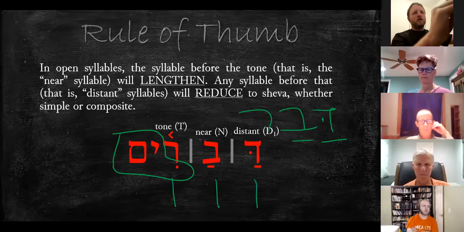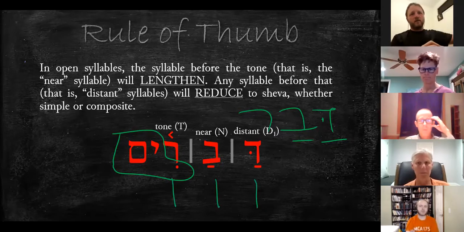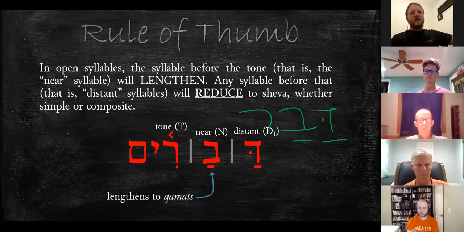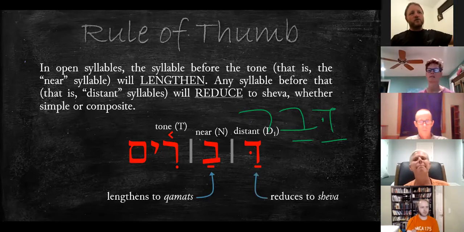Tone, near, distant, correct? Okay, so according to the rules, the near syllable lengthens to kamatz. It lengthens to the same vowel quality. So patach goes to kamatz. And the first syllable, because it's distant, reduces to shva. So this is why we have davar becoming devarim, according to this set of rules. Brilliant, huh?